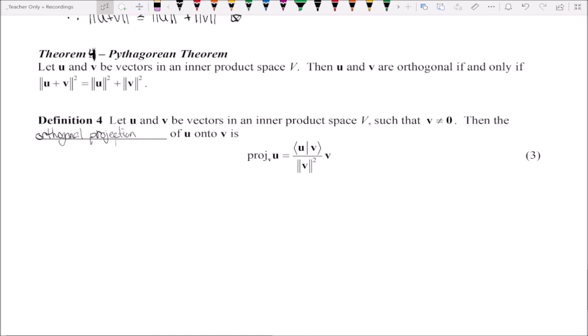And notice how it's represented. We're looking at the projection of u onto v. So it's projection sub v of u, right? Projection of u onto v. So whatever you're being projected onto is your subscript.